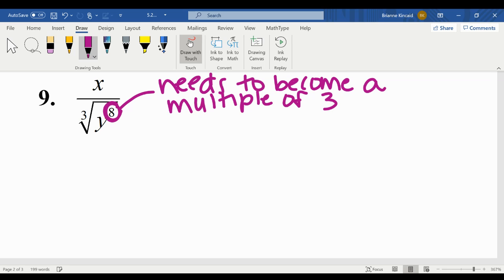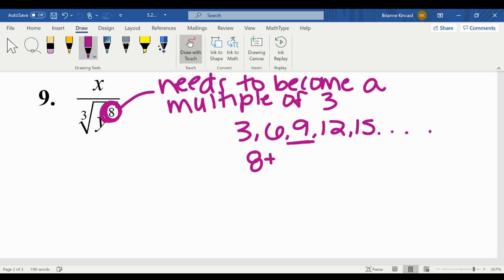So for example, you think about multiples of 3. That's 3, 6, 9, 12, 15, etc. And you need to find the one that is bigger than 8, but closest to 8, which in this case would be 9. 8 plus blank equals 9.